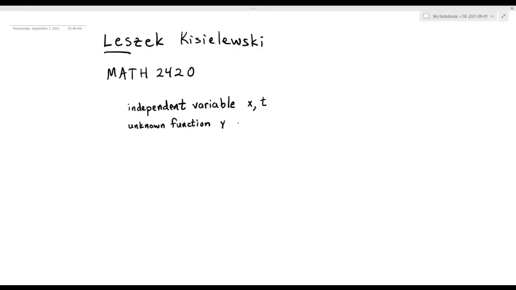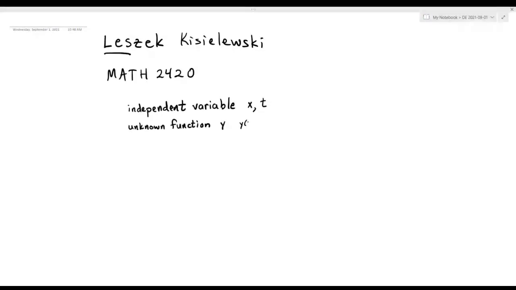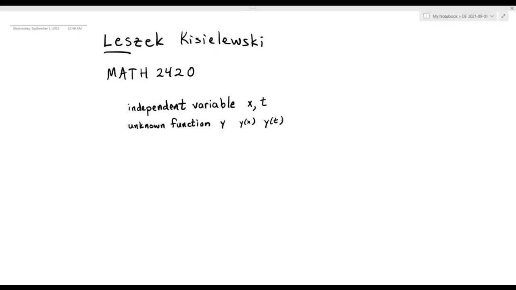So we call that y. So y is a function of x, if you will, or a function of t, depending on what we're calling our independent variable. And so a first order differential equation is an equation that involves y and its first derivative.